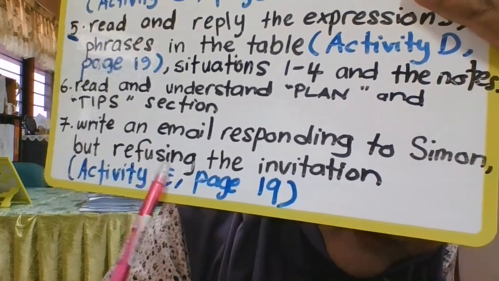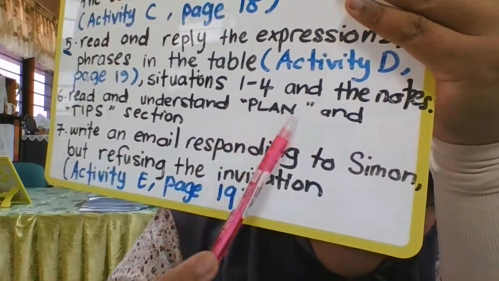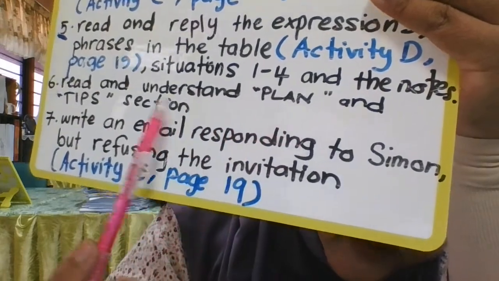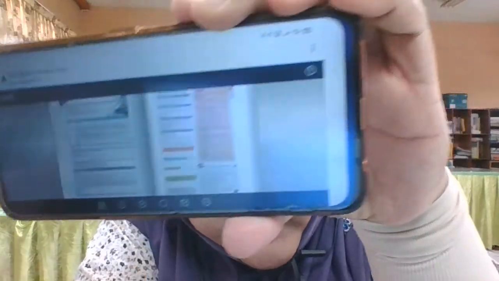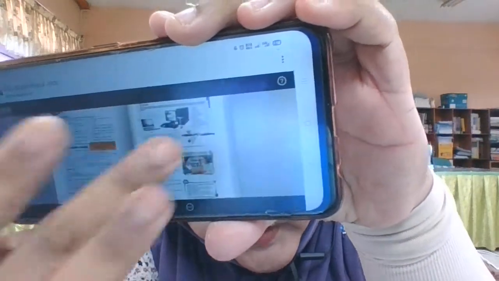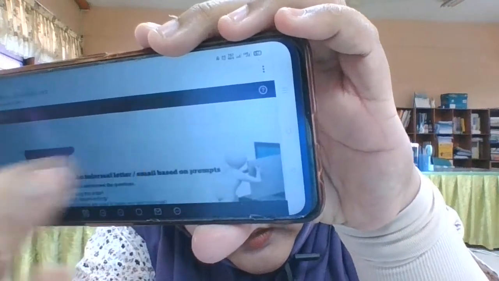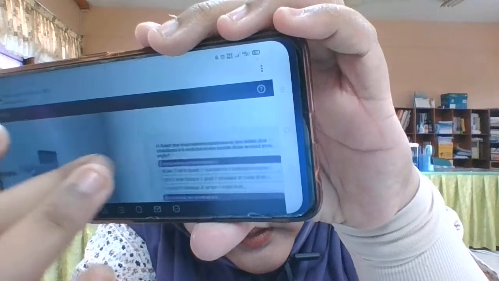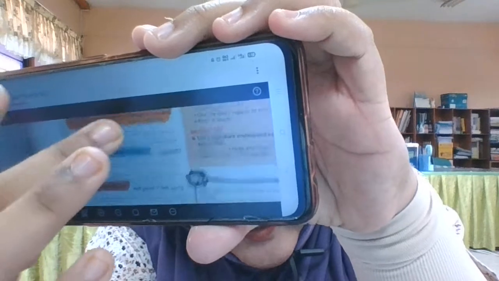So before you do this, you should read and understand the section of plan and the section of tips. Where is it? Okay, it is here on page 19. Besides the table here, this is the table that you did just now with the situation ABC.